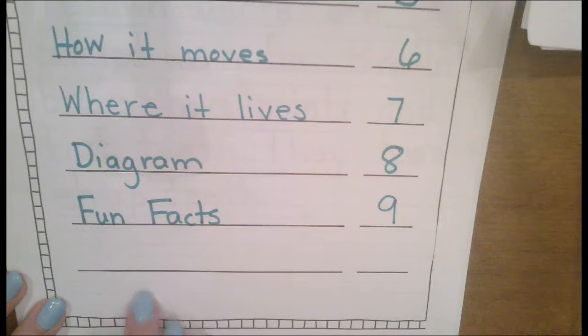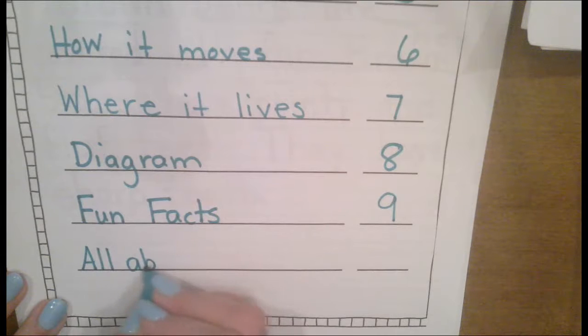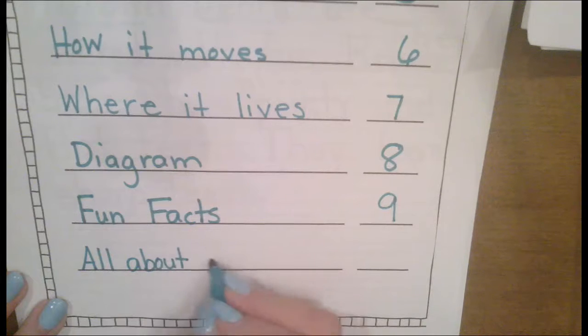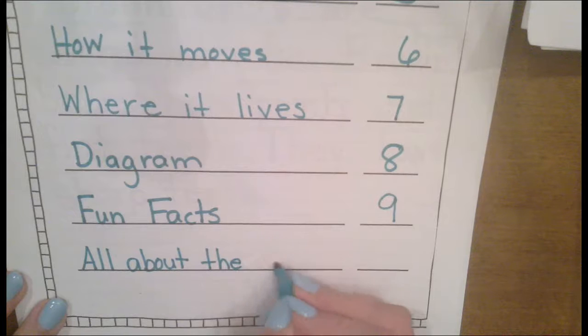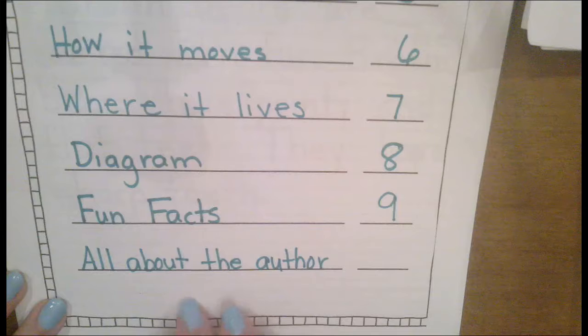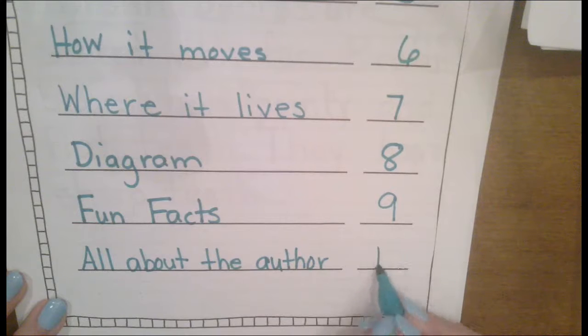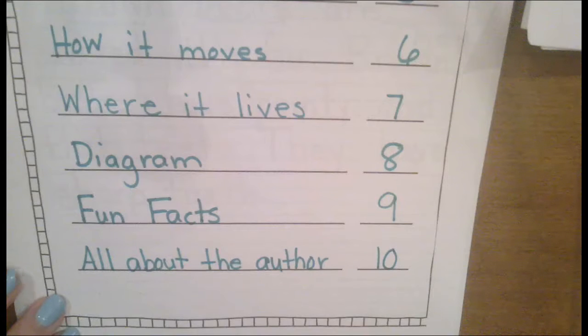And then the last thing, which we did yesterday, was all about the author. So you can write all about me, all about the author, all about whatever your name is, Mrs. Wood or Tamra or whatever your name is. Okay, and that's going to be on page 10.